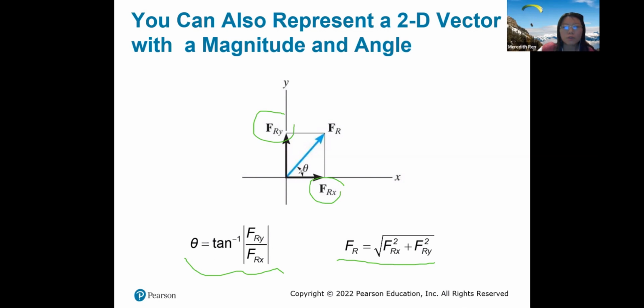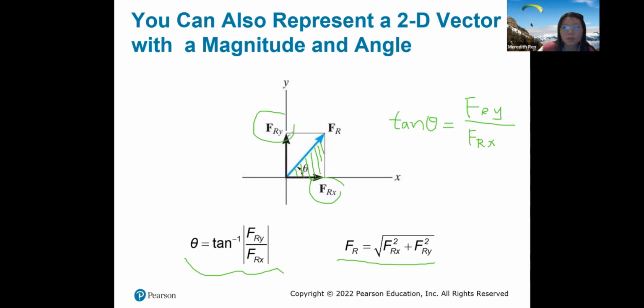If this tangent inverse confuses you, you could take a look at the green shaded triangle that I highlighted here. In this green shaded triangle, tangent of theta equals FRY divided by FRX. Tangent is opposite over adjacent.